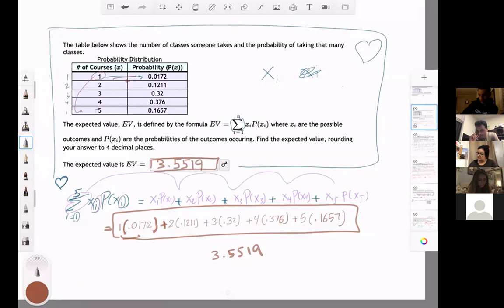Sierra, what did you get? I got 3.5519. So yeah, same thing. Are you using your phone? Yeah, I am. You're using an app? Yeah, the calculator app. But that's the basic calculator.